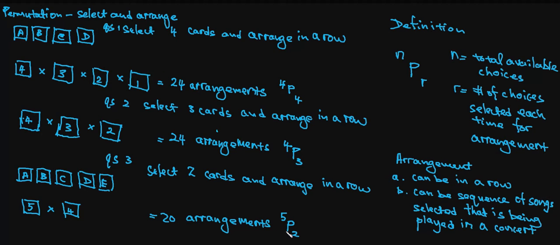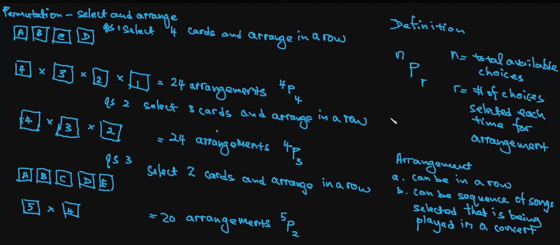How do you write it in permutation form? It is 5, as there are 5 cards in total. You are only allowed to choose 2 cards, and whatever you have chosen, you are required to arrange to create the different arrangements that you're going to get.